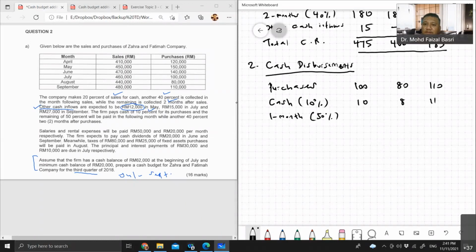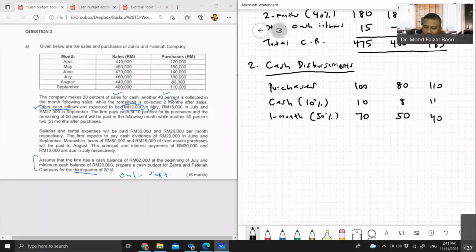So 50% of 100,000 is 50,000. 50% of 80,000 is 40,000. And to fill this empty spot for July, we refer to June's purchase, which is 140,000. So 50% of 140,000 is 70,000.